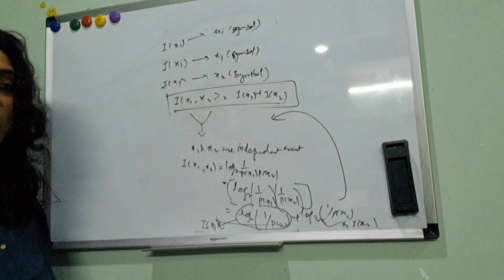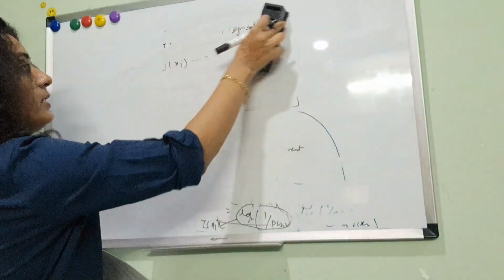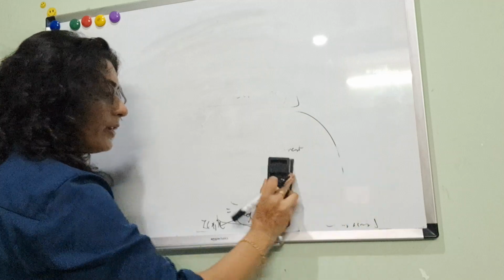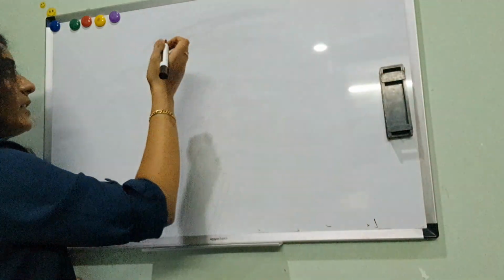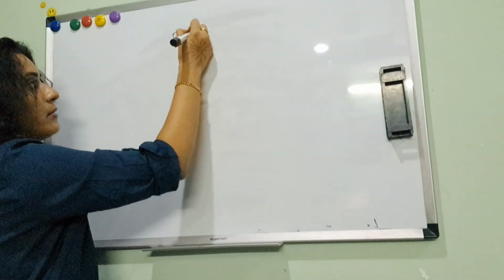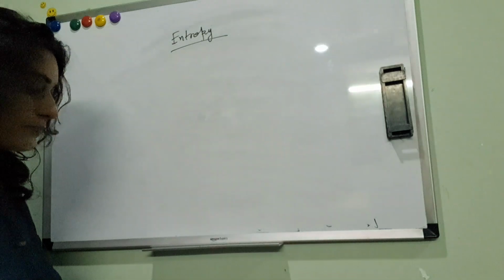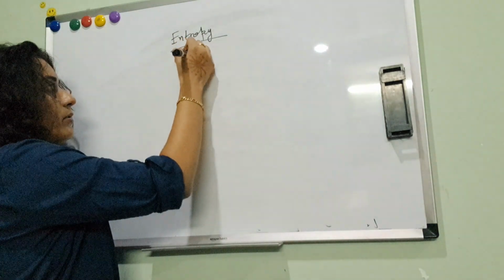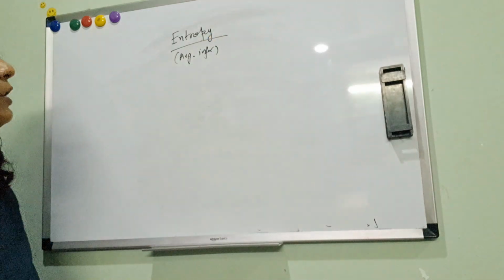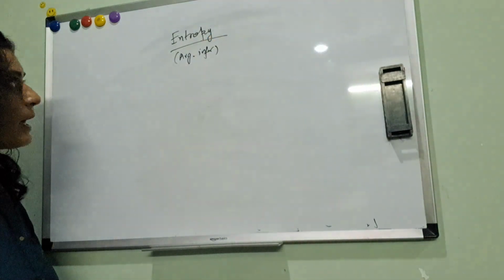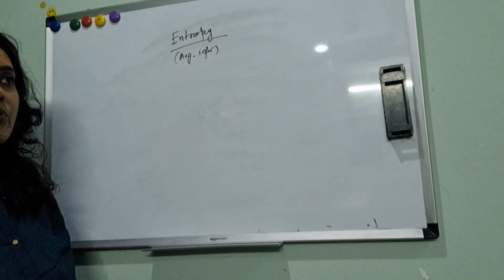The next section is very much important. Up till now we have studied about information. Now the next section is about entropy. Entropy, as the name indicates, we can also define as average information. Now this term is very important. Practically, we are not interested in one symbol transformation of information.